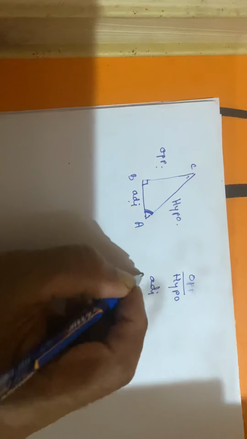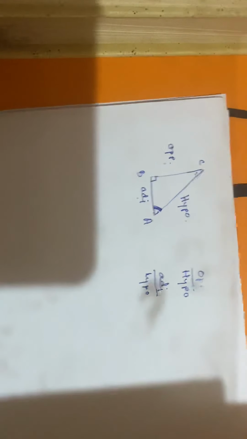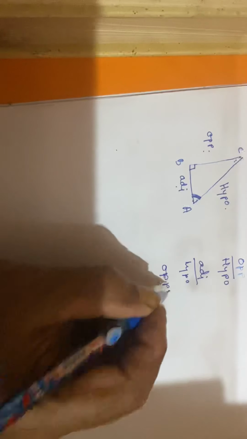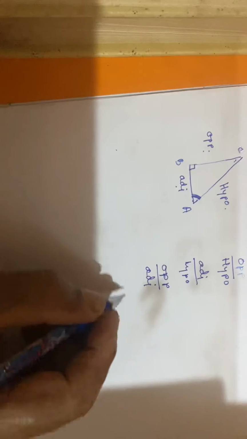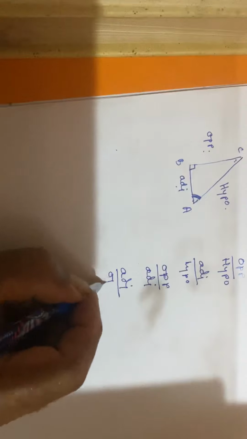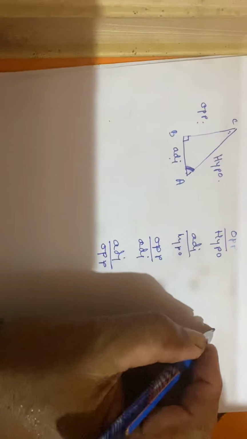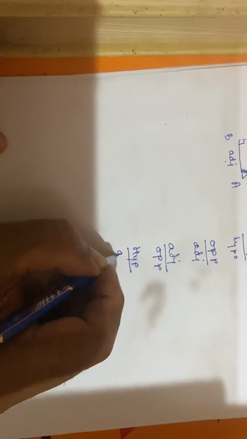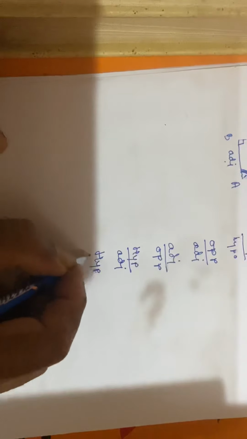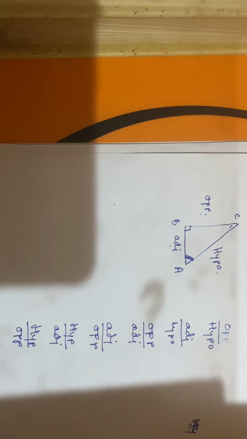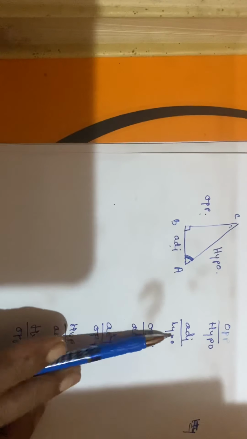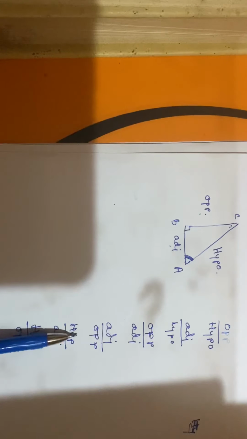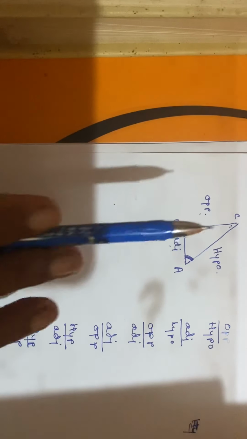Then you can have adjacent by hypotenuse, opposite by adjacent, adjacent by opposite, hypotenuse by adjacent, and hypotenuse by opposite. So you get six different ratios from the right triangle.